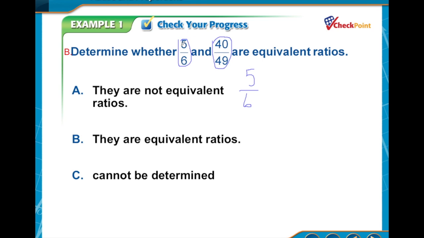But if I wanted to try to make 5 over 6 equal to 40 over 49, one way I could do that is I know that 5 times what number will get me to 40? Well, 5 times 8 will get me to 40.